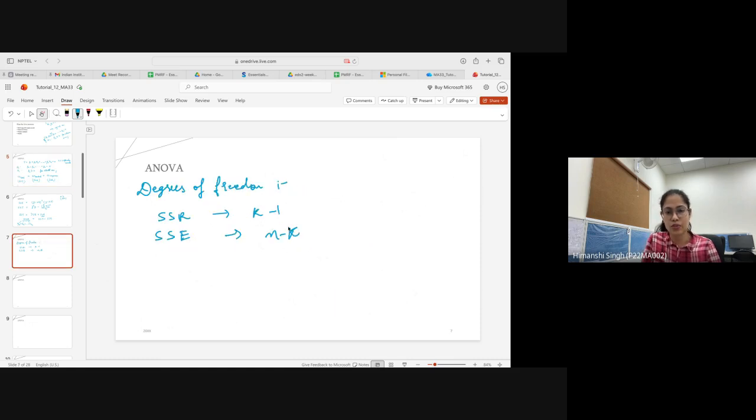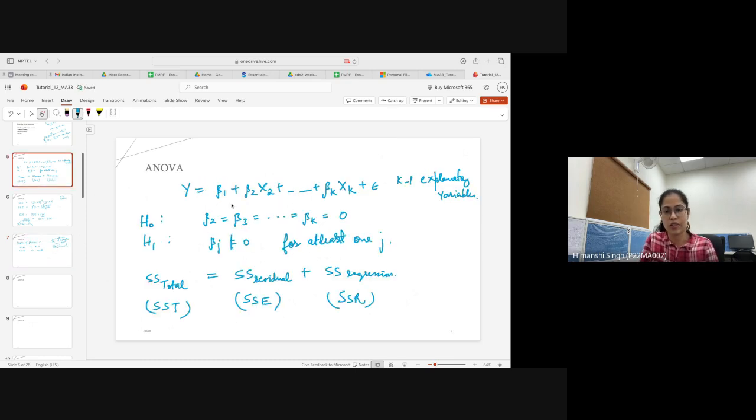You do not have to be confused about how many explanatory variables there are. K is not the number of explanatory variables. K minus 1 is the number of explanatory variables for the model I'm talking about.